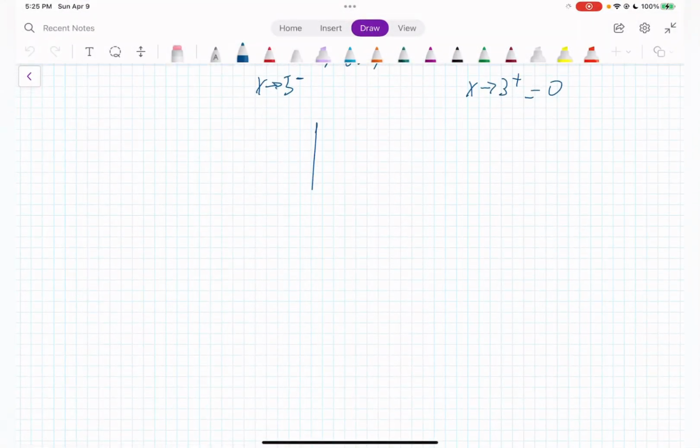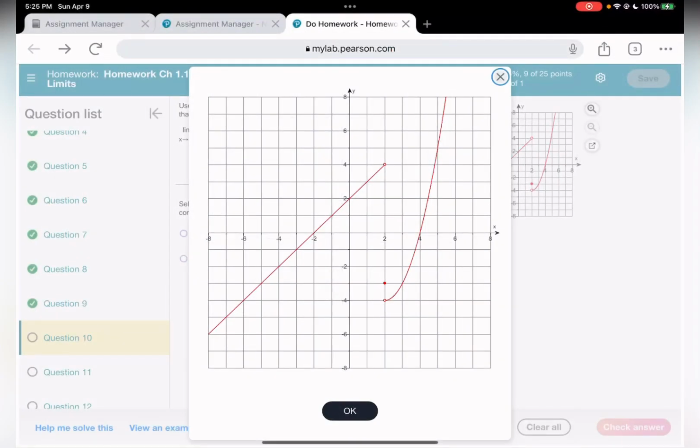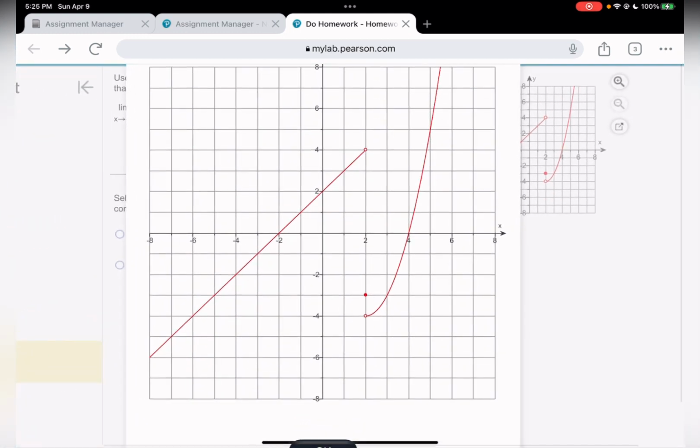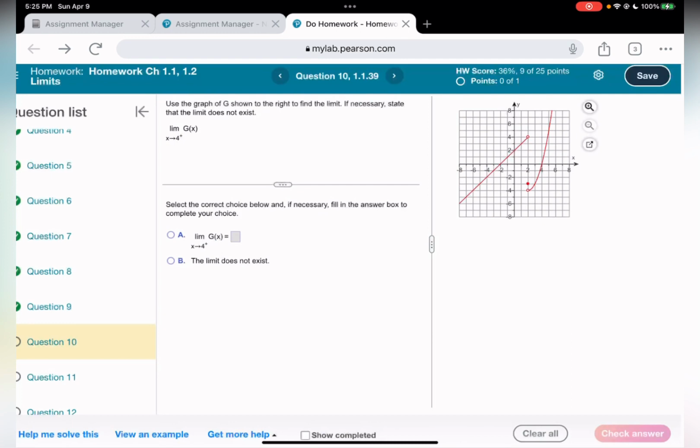Here it is. This is your point 4. From the positive side, your y is going to be equal to 0, because at the point 4 the graph is crossing the x-axis. So it's going to be 0.